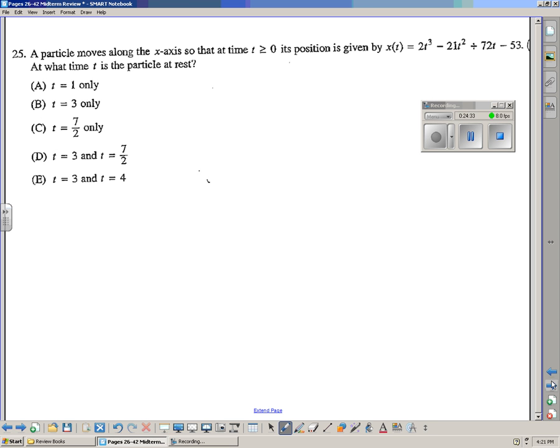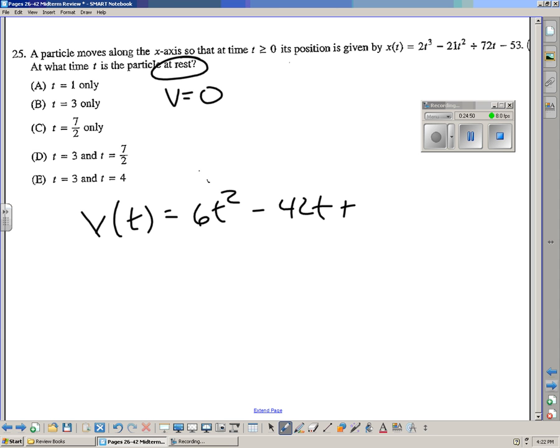Next guy, 25. A particle moves along the x-axis, so its position is that function. At what time is the particle at rest? At rest means we're stopped, which means v is 0. So we need to get velocity, which requires us to take the derivative. We get 6t squared minus 42t plus 72. We're going to set this thing equal to 0.